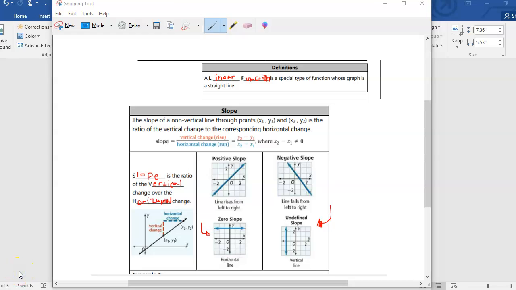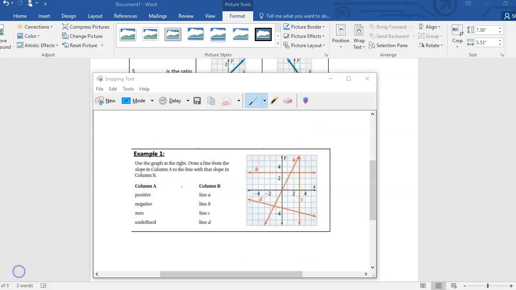All right, let's go ahead and move on. Okay, let's play our game. We're going to figure out which line slopes have these characteristics. So if I look at line A, it is slanted towards the positive side of the x-axis. So I know that line A has a positive slope.